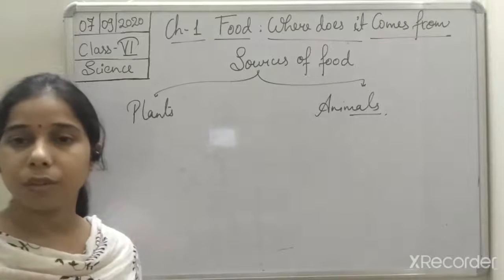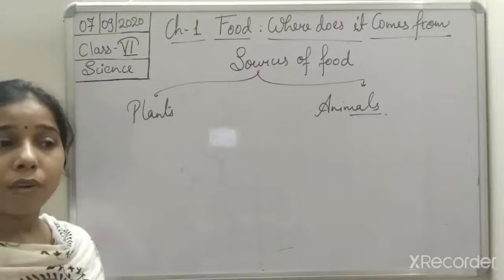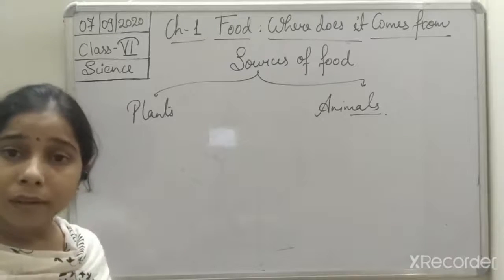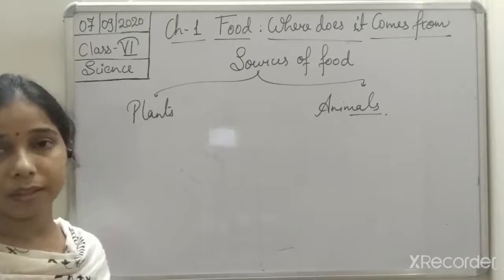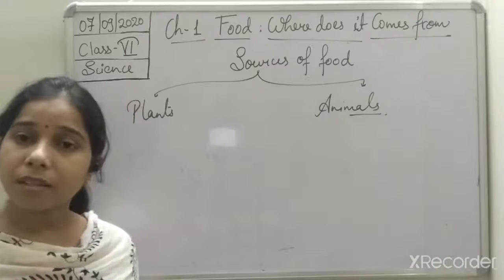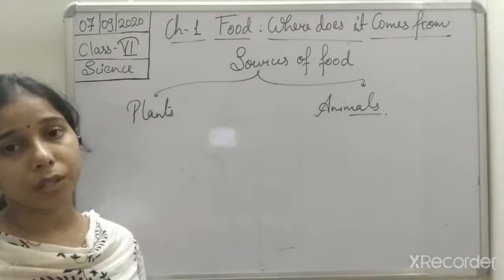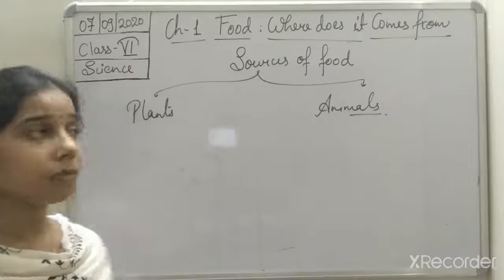So for that we use the term dish. So what are ingredients, students? For making a dish, whatever different kinds of food items we are using, that is known as ingredients.